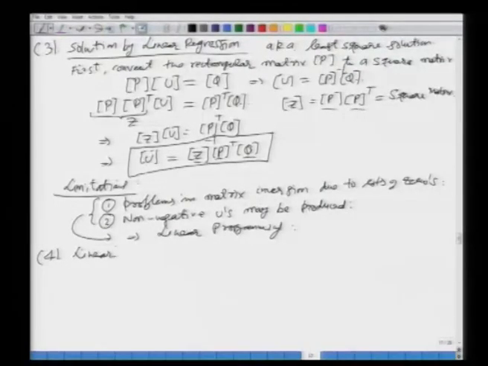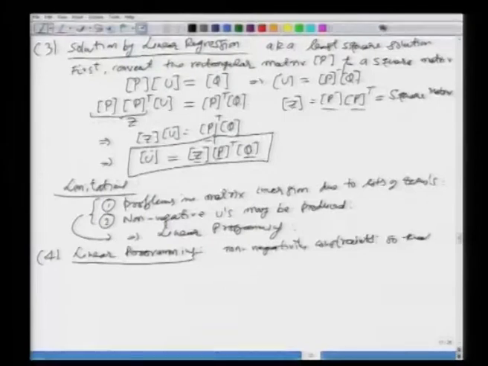This is an optimization technique, or solution by linear programming, and the major advantage of this method is that it allows us to use non-negativity constraints, so that the solution which you will obtain in terms of the unit hydrograph ordinates, or the decision variables, will always be positive.